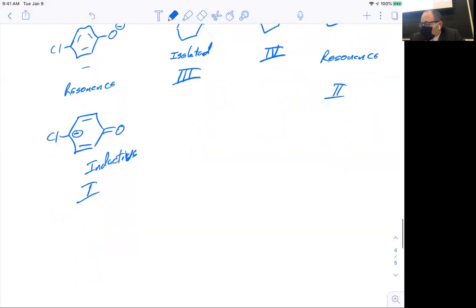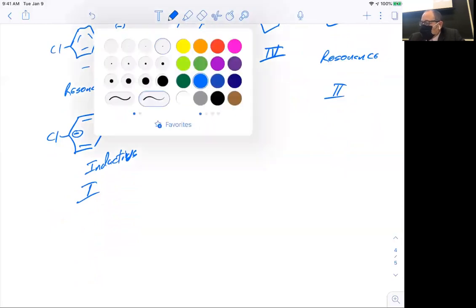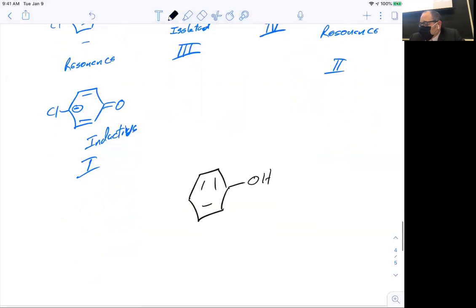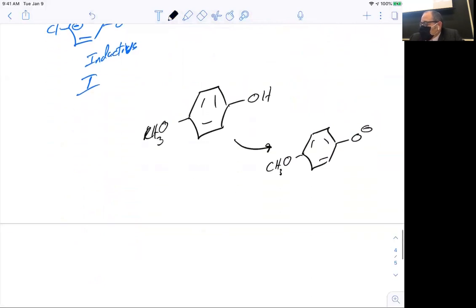Yeah, so if we had this example, now if we look at that, that gives us a negative charge that's not happy, right?